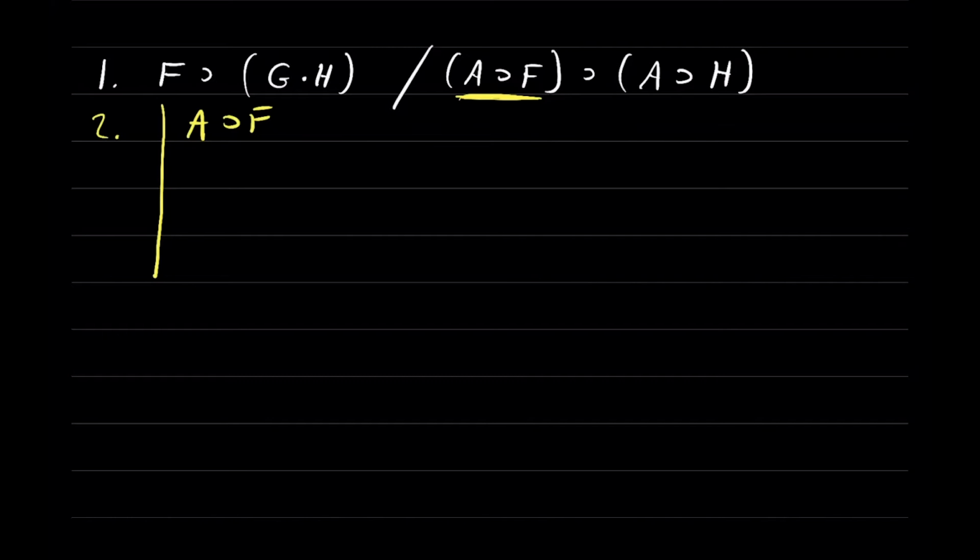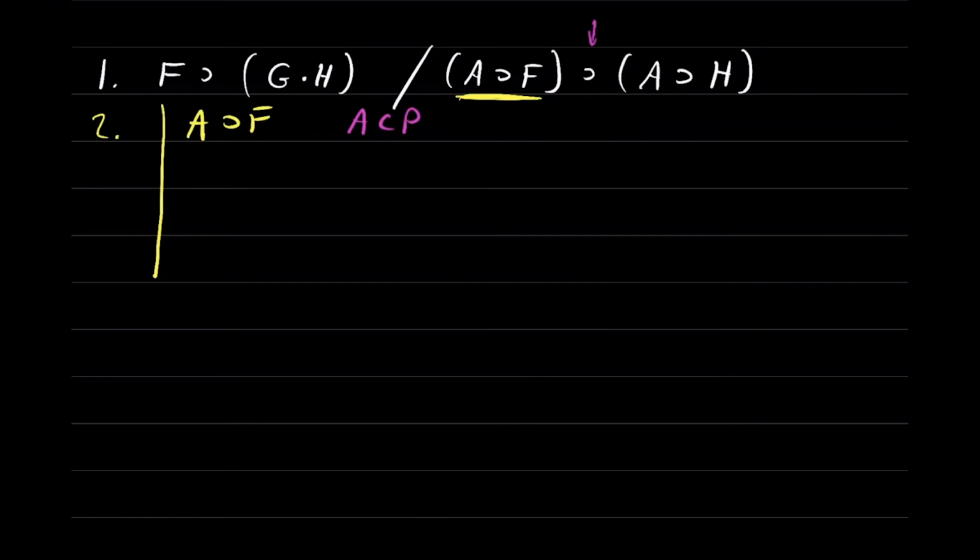You assume the antecedent of the overall conditional you're trying to prove. We're trying to prove this overall conditional right here, that horseshoe that I indicated with the arrow. So we're going to assume everything on the left side of it, that entire antecedent, A implies F. And that follows from assumption for conditional proof.